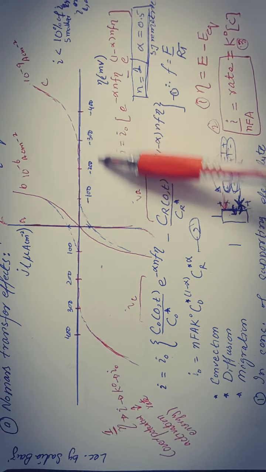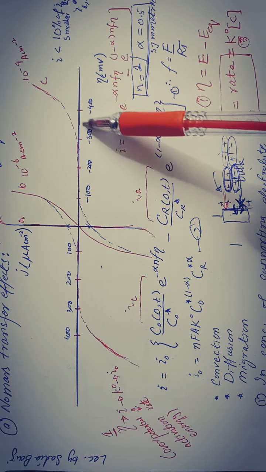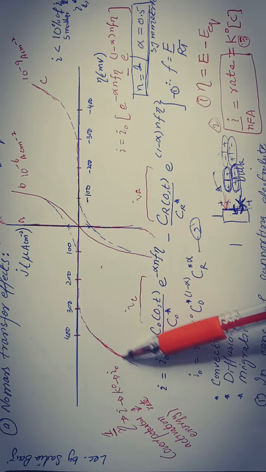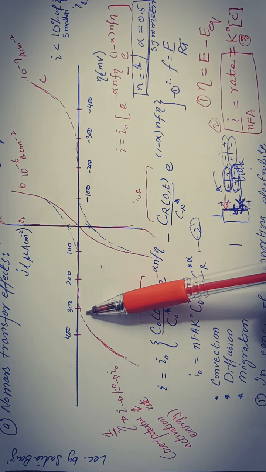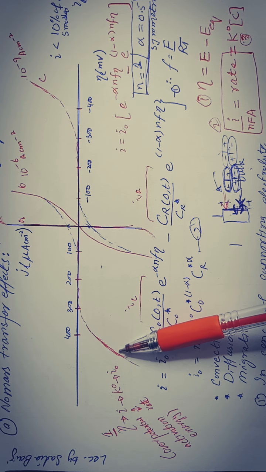So as shown here, it's above -300 millivolt for the cathodic component of the current, and above 300 millivolt for the anodic component of the current.